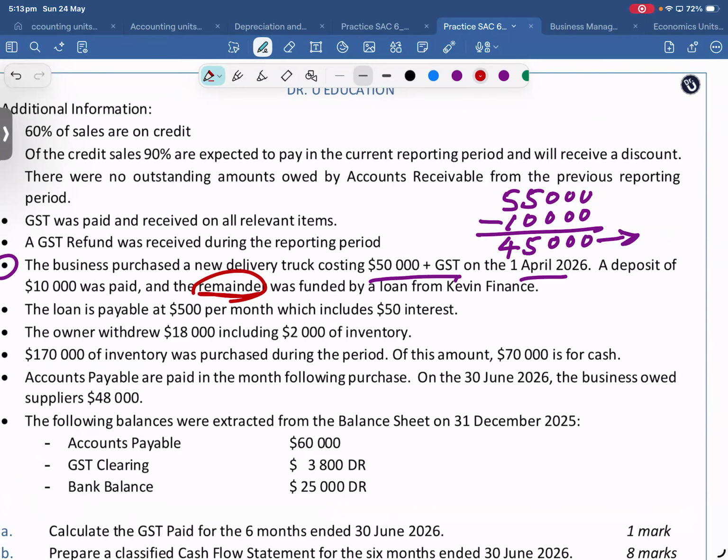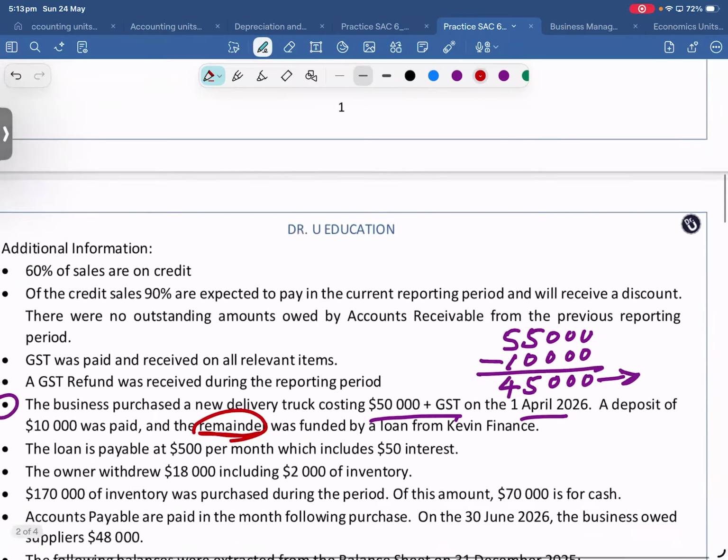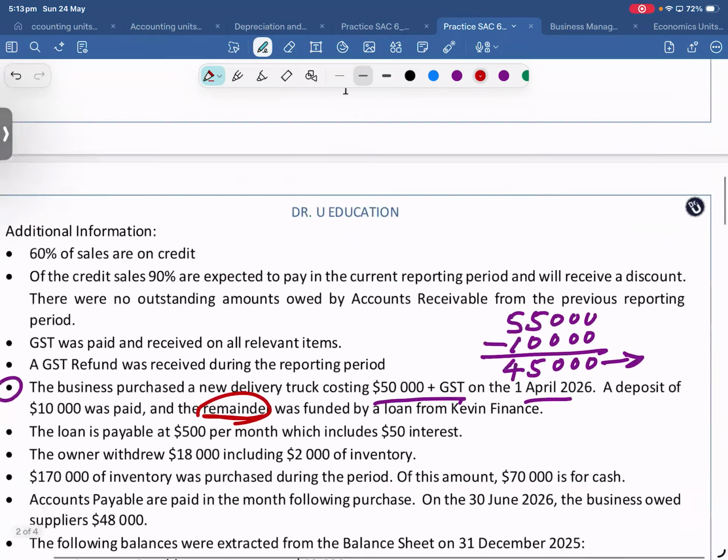What are the things we are going to record? One thing is what? Loan received. How much? 45. Where? Financing. Right? Financing, you can go and report financing in here.